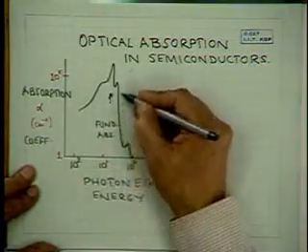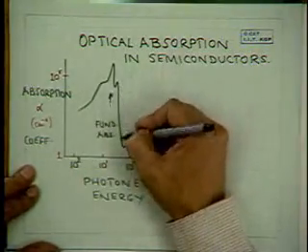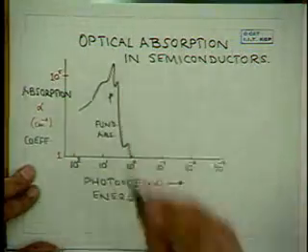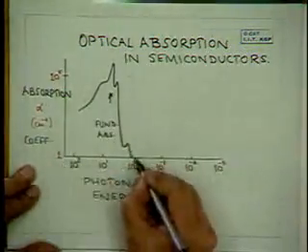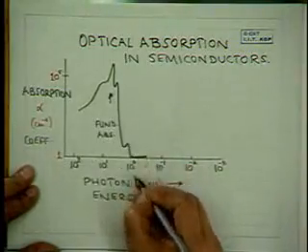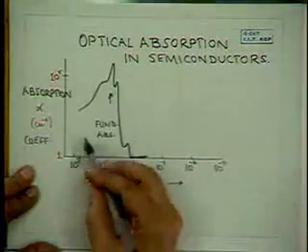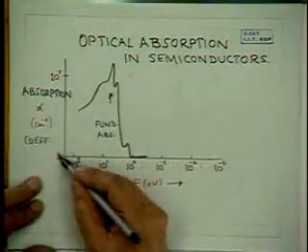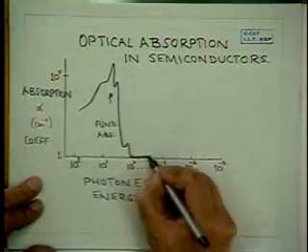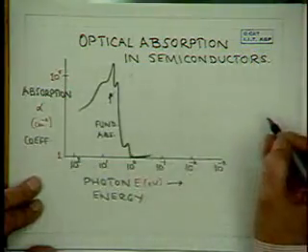We have very strong absorption just above the band gap. Just below the band gap, the absorption coefficient is extremely small, and a semiconductor is extremely transparent. The value of the absorption coefficient can be much less than even 1, and the semiconductor is essentially a filter.